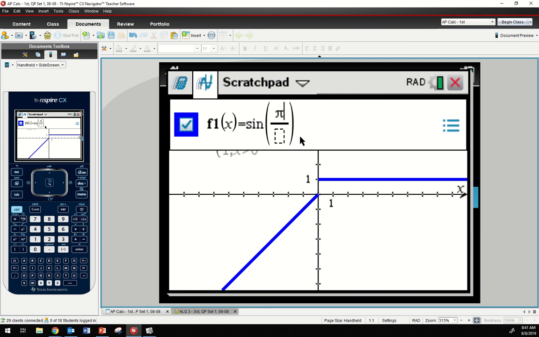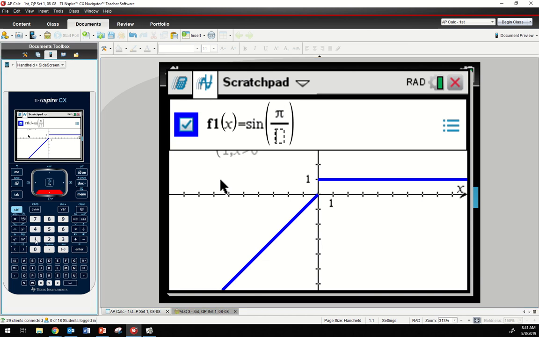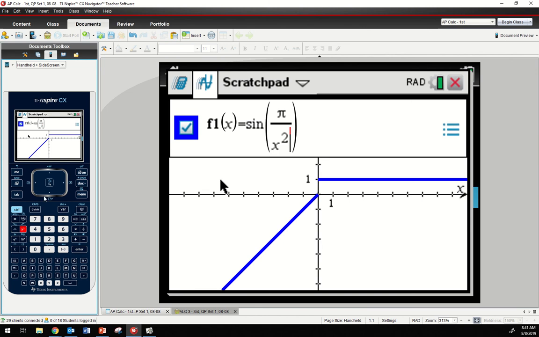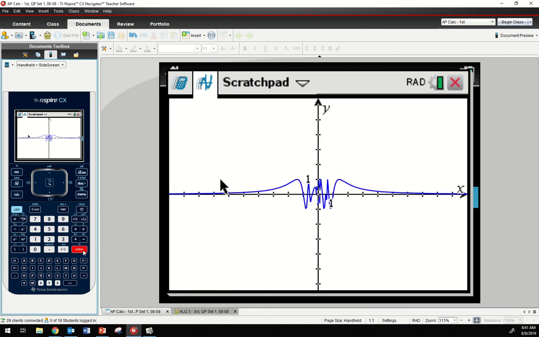Are you in the graph? Yes. The graph doesn't say radians? No. Okay, give me 1 second. I will go there. X squared. Wow. Okay, so it's fine.